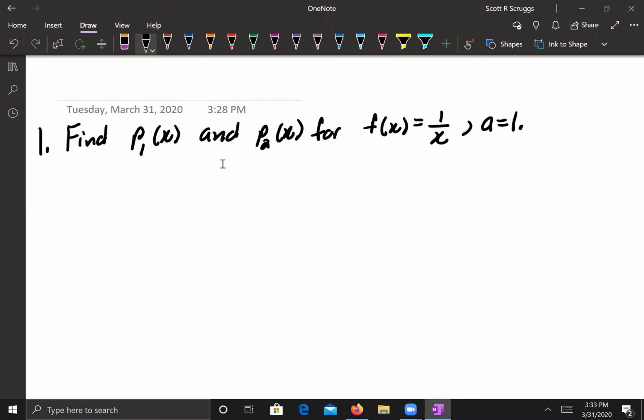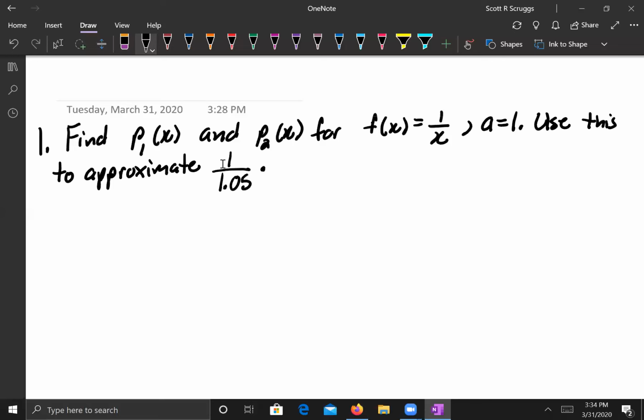And with that information, use this to approximate the value 1 over 1.05.